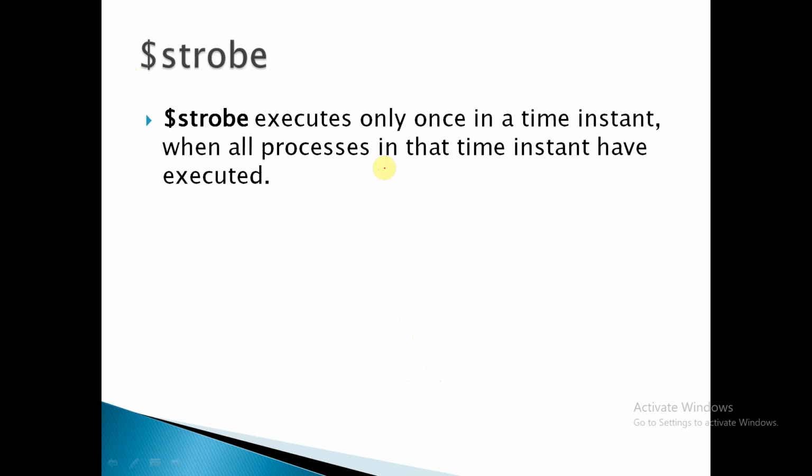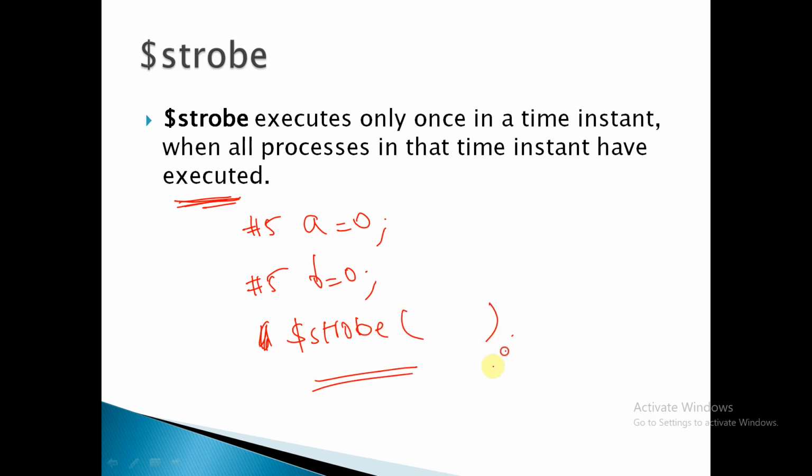Next, coming to $strobe, it executes only once in a time instant, and only when all processes in that time instant have executed. So particularly, $strobe is executed at the end of that time instant. Let's say suppose we have a = 0, b = 0, #5, and we use $strobe.